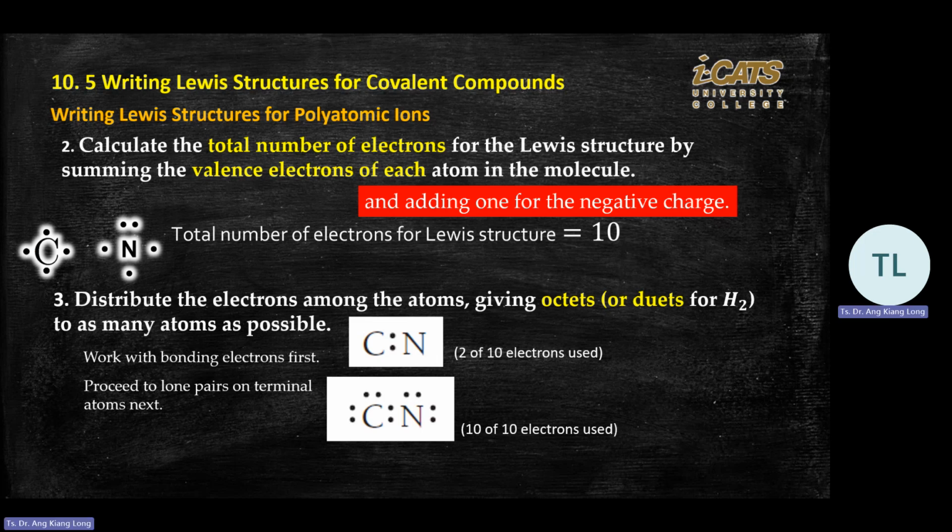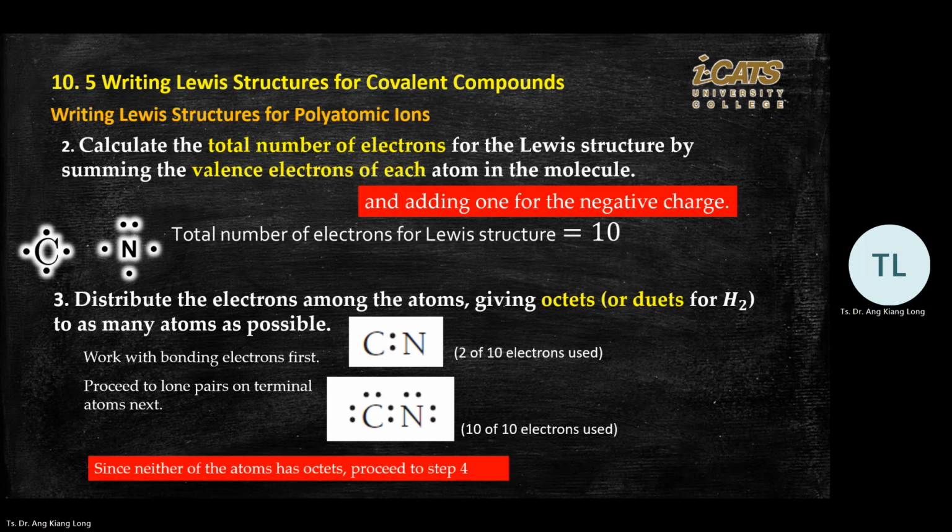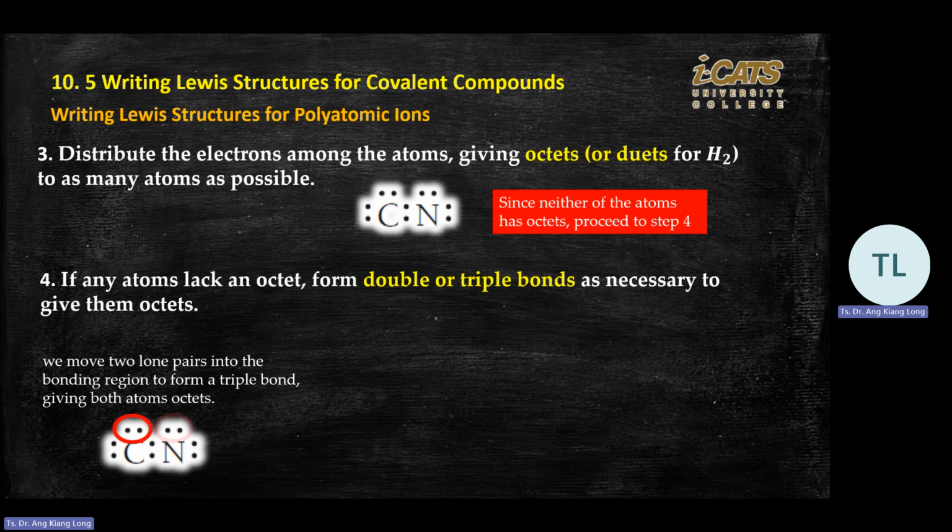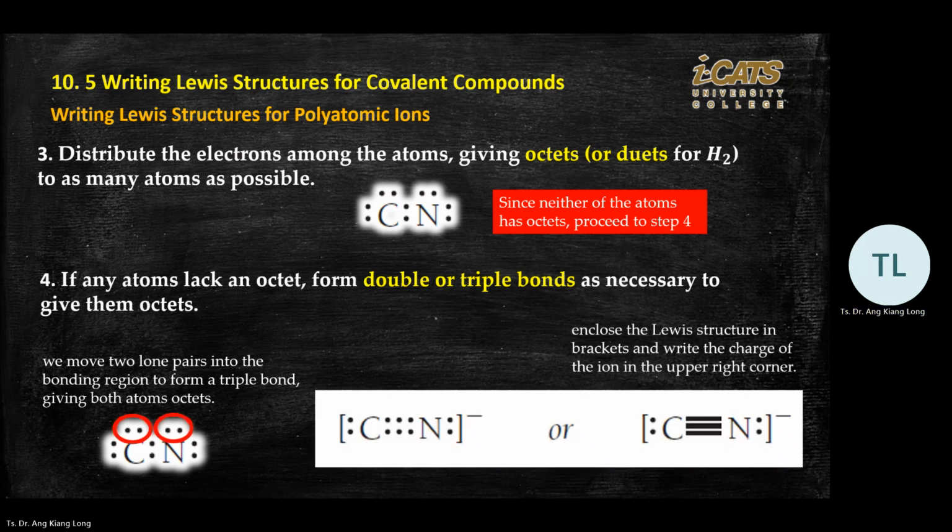So you need to stabilize it by applying the octet or duet rules. How do you do it? You need to rearrange the atoms so that each one gets 8 or shares 8 electrons. So we can pull the 2 to the middle, and it becomes a triple bond.